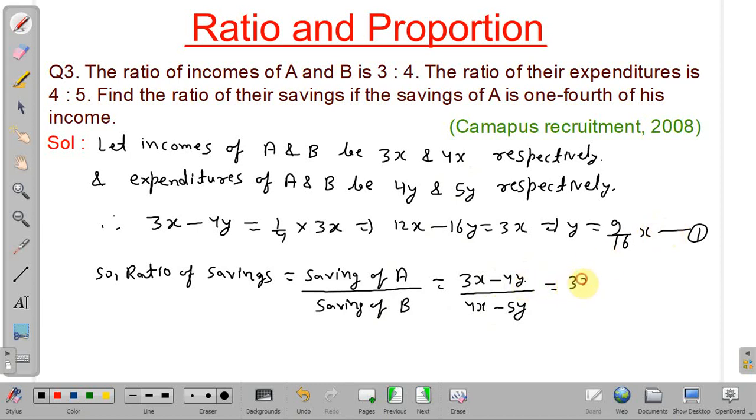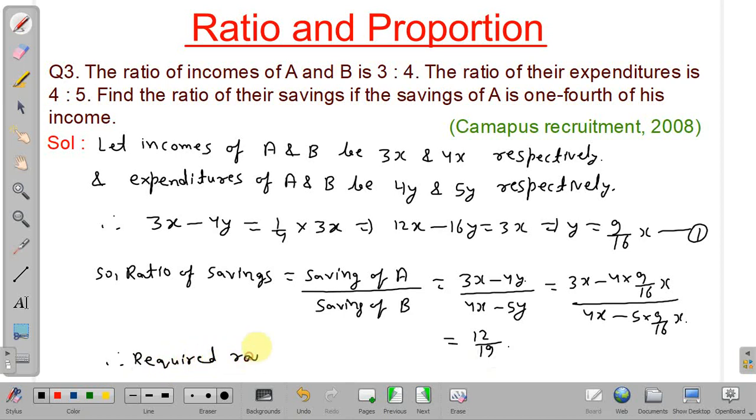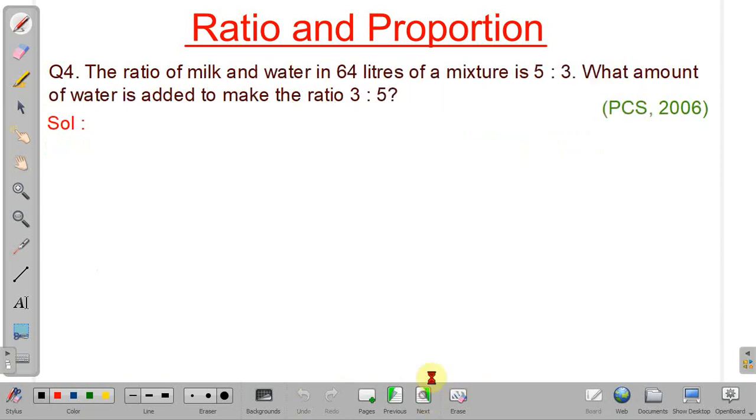So it will be 3x minus 4 into 9 by 16x divided by 4x minus 5 into 9 by 16x. So x will get cancelled out, and we will get this as 12 by 19. Okay, therefore the required ratio will be 12 is to 19. Okay, so we will discuss the next problem.